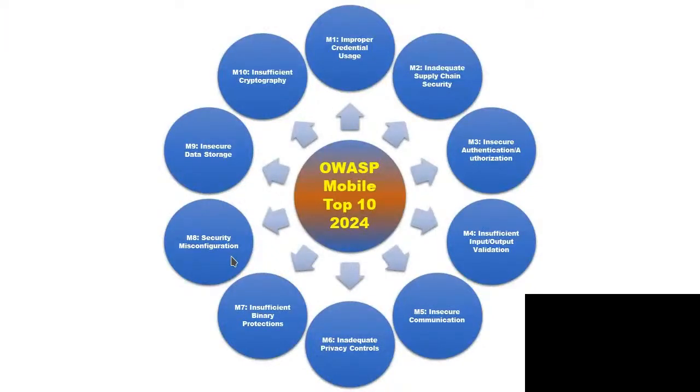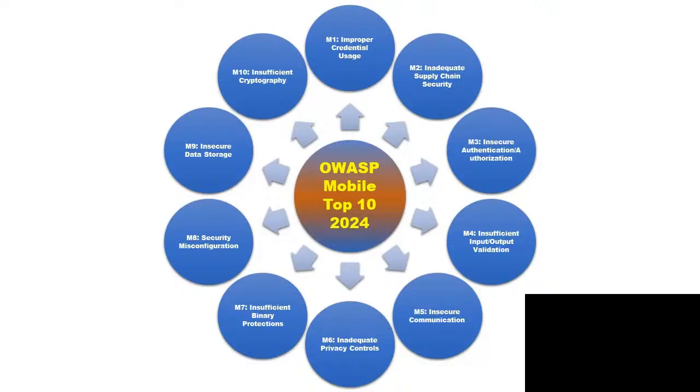So before we begin, I just want to quickly go through the OWASP Mobile Top 10. OWASP is a non-profit organization that always publishes top 10 risks for every platform.